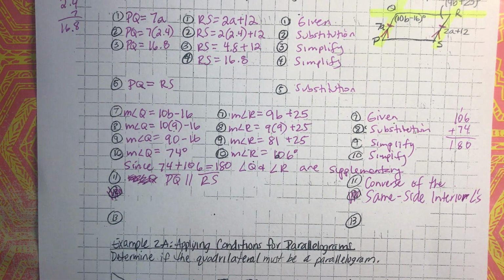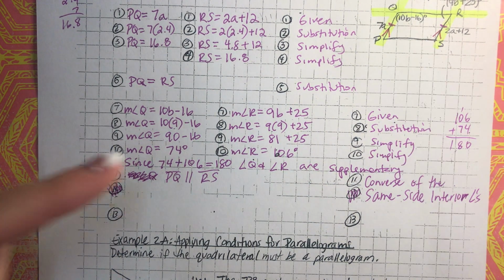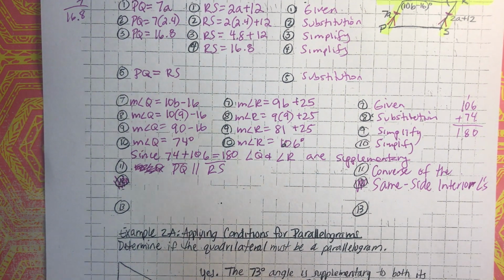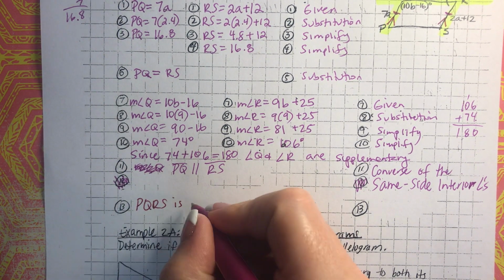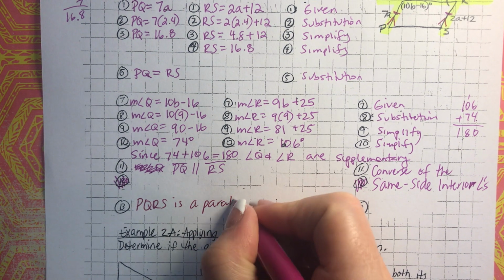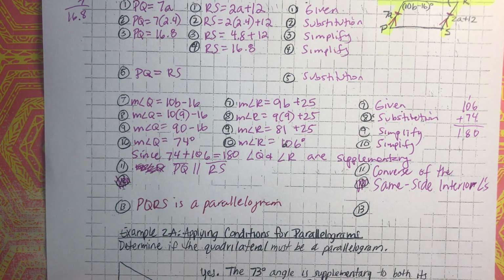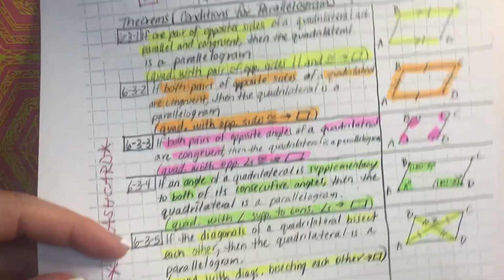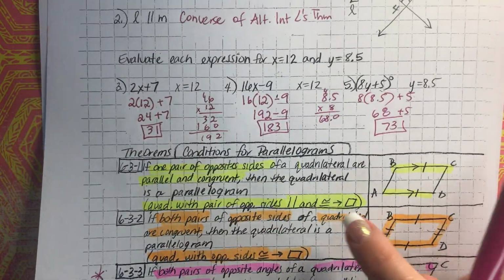So because they're congruent here, right? And now they're parallel, now we can say that PQRS is a parallelogram. Because a quadrilateral with pair of opposite sides parallel and congruent, then it's a parallelogram. So this is what?